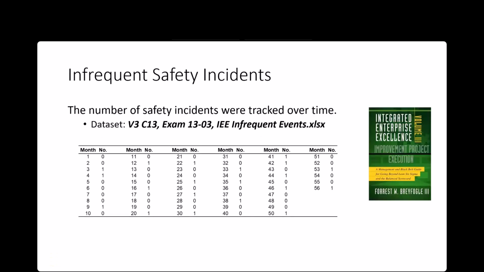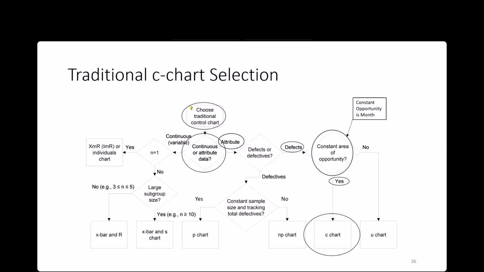Well, I'm going to look at an example from 13-03, which is in Integrated Enterprise Excellence Volume 3. This is what the data set looks like. You can see in a lot of months we don't have any failures. Well, that's good that we don't have failures, but it makes it hard to analyze. So what are we going to do?